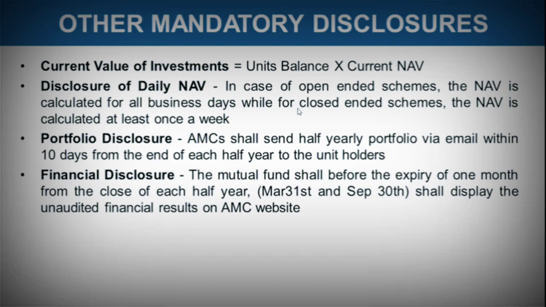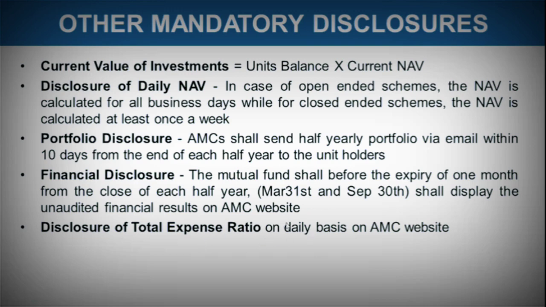Financial disclosure. Let's see when it is done. The mutual fund shall, before the expiry of 1 month from the close of each half year, March 31st to September 30th, display the unaudited financial result on the AMC website.